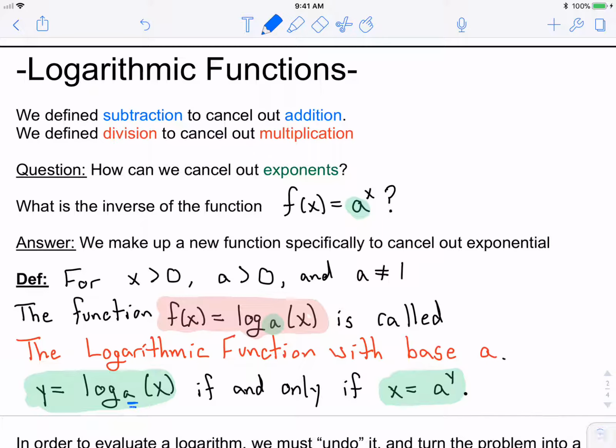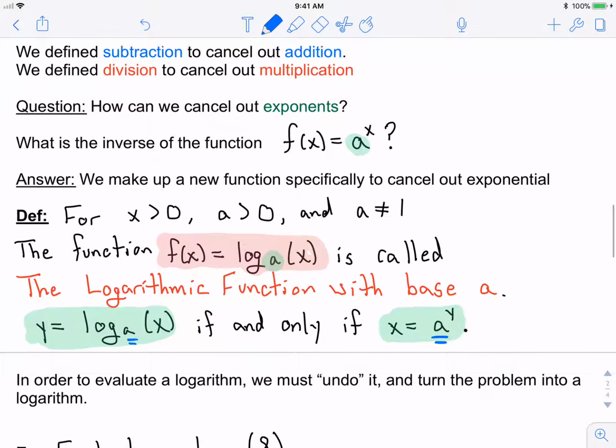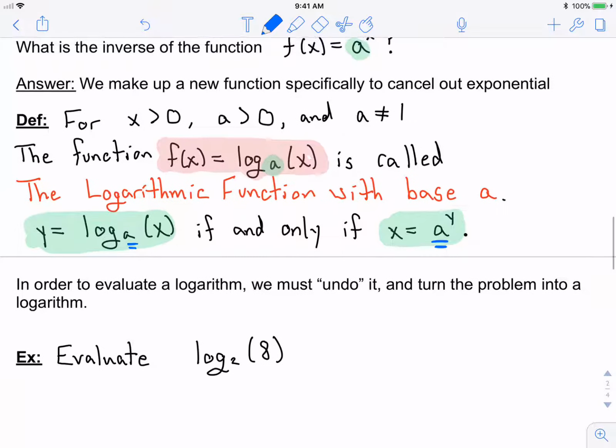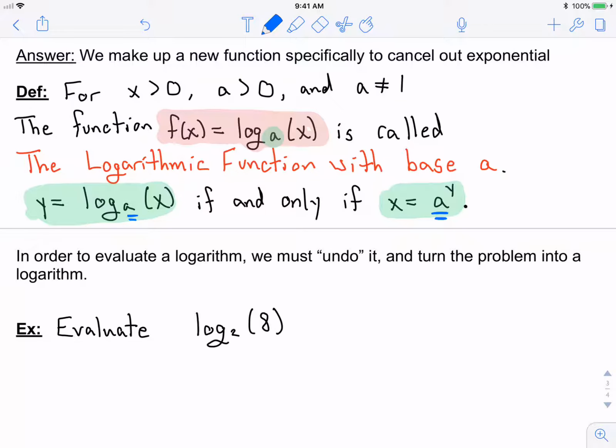So the base of the logarithm moves to the other side and becomes the base of the exponential. So in order to evaluate a logarithm, we must undo it and turn the problem into an exponential based problem, which we know how to solve.